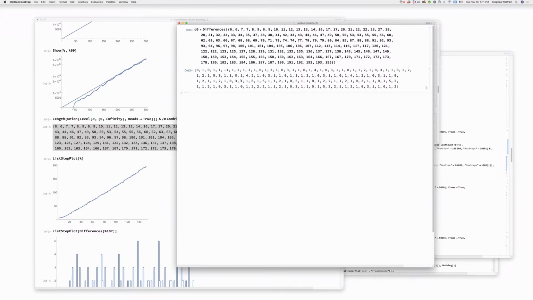But let's see if we look at position in that of 0. Oh boy.